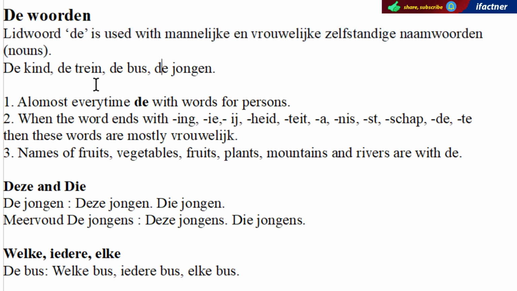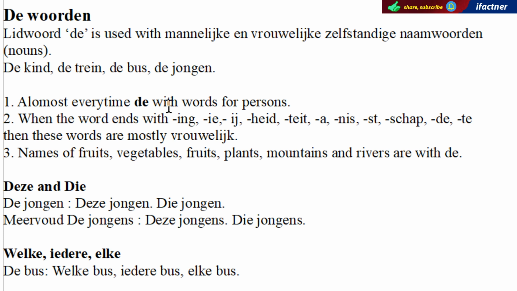For example, we use the Lidwoord de with different words: de kind, de trein, de bus, de jongen, and these naamwoorden are mannelijke or vrouwelijke zelfstandige naamwoorden.